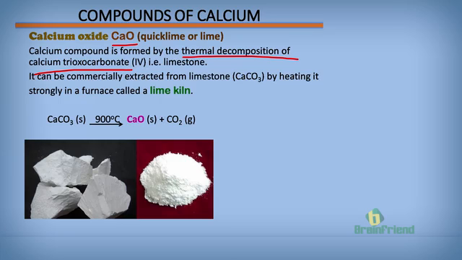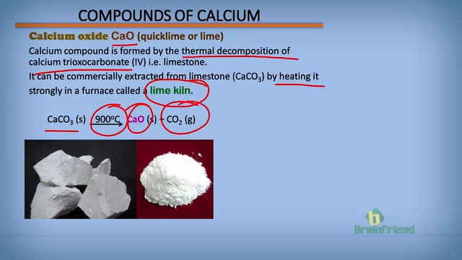And we can do this by heating limestone strongly in a furnace called a lime kiln. So when limestone is heated to 900 degrees Celsius, calcium oxide is formed and carbon dioxide is given off. Of course, that is a gas, so it's given off as a byproduct.